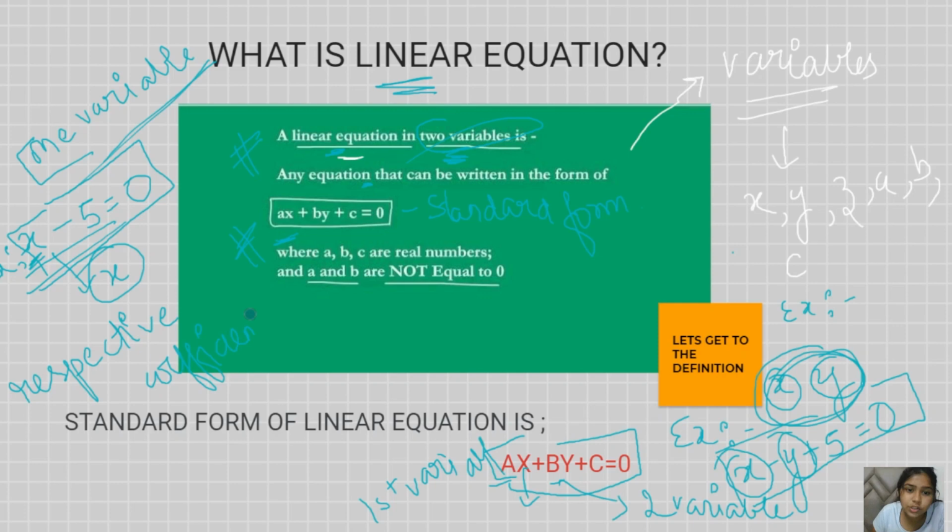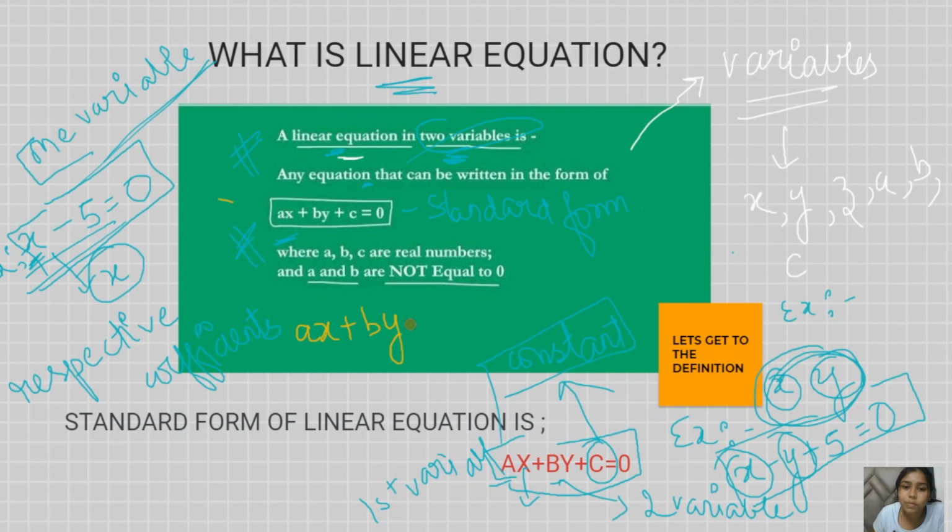Now what is this C? As you can see, this C does not have any variable attached to it, that is why we call this C a constant, as I have already explained earlier in my polynomial class. This is a constant term which does not have any variable in it, as you can clearly see in this equation. So what you have to remember is that a linear equation is generally written in this form.